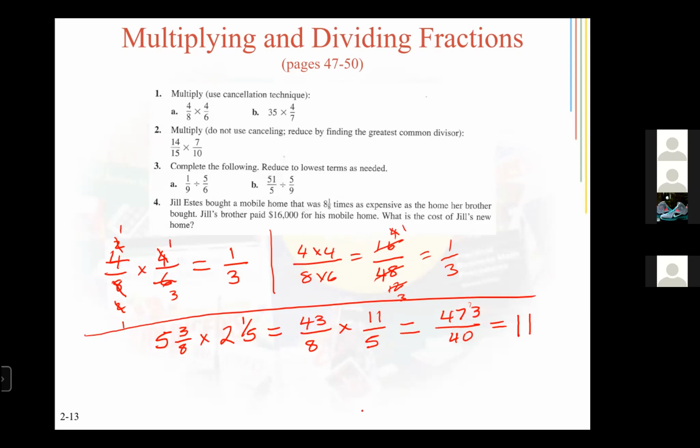So what's your remainder when you divide 40 into 73? 40 from 73 gives you what? What's left over? 33. So 1 and 33 over 40. That would be your result there.